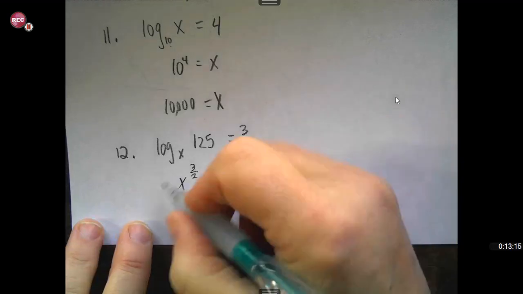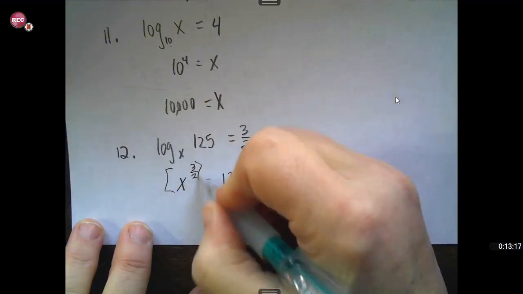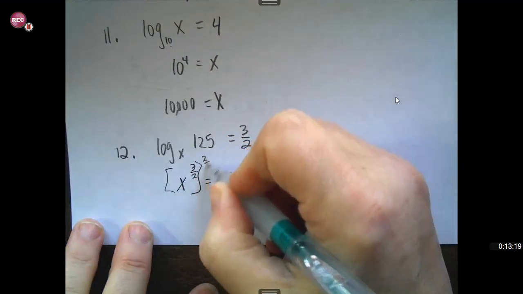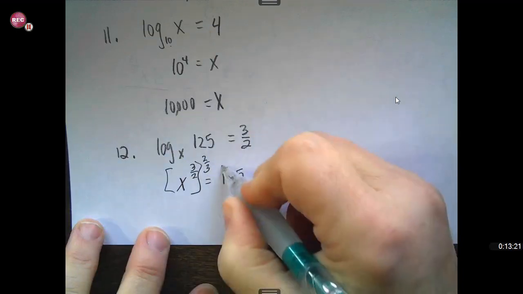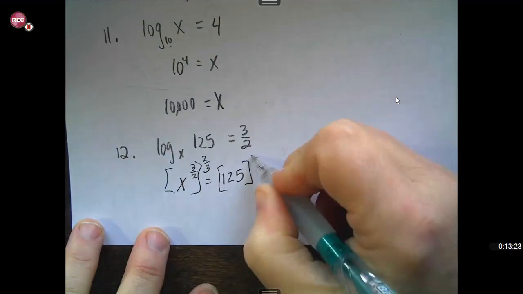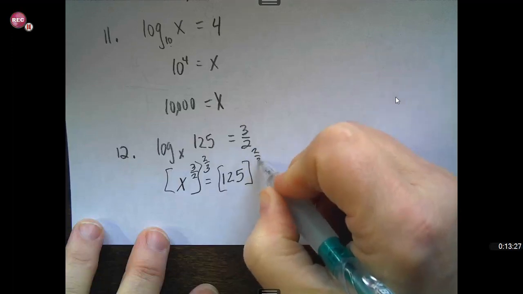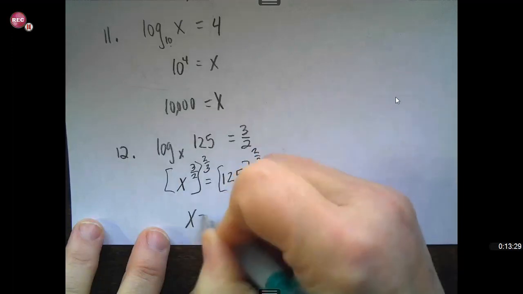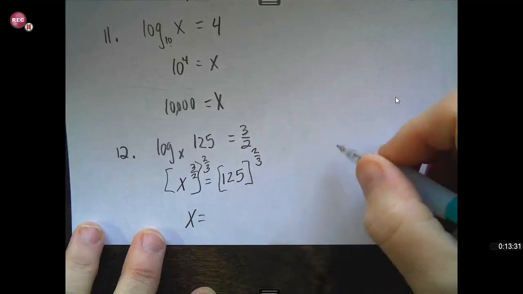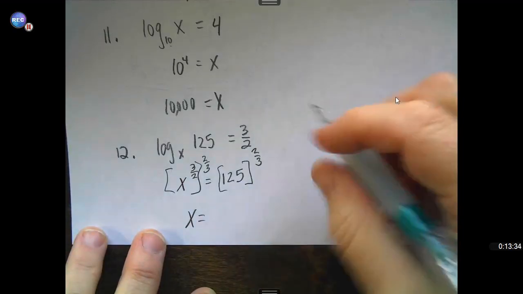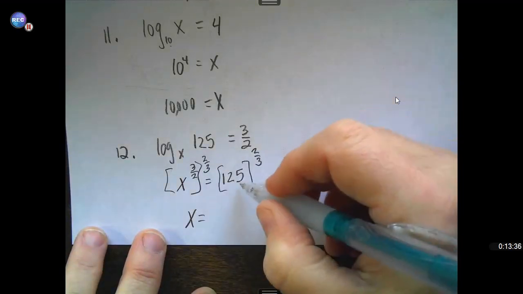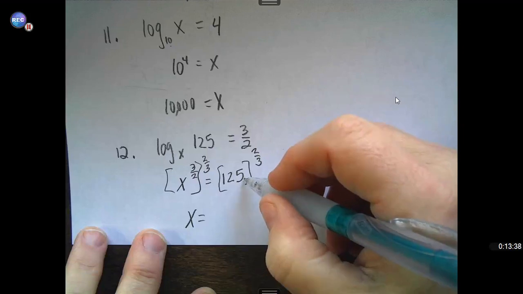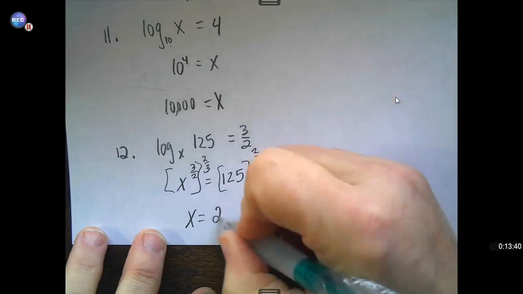So I solve it by raising each side to the 2/3 power. Because then when I multiply those exponents on the left, I get 1. You can throw 125 to the 2/3 in your calculator. You can do it in your head. It's the cube root of 125, which is 5, and then square it. So that's 25.